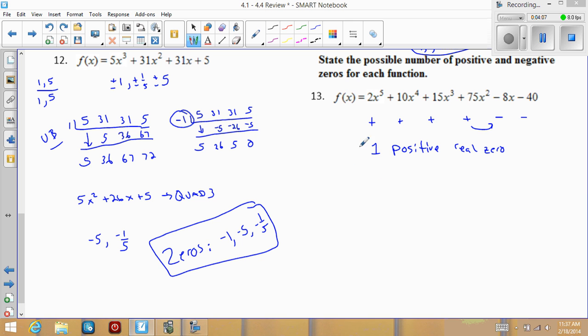And so for the negative, we have to do f of negative x, which means we're plugging in negative x for all of this.